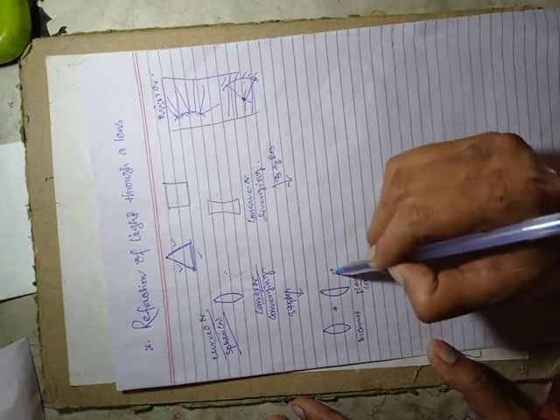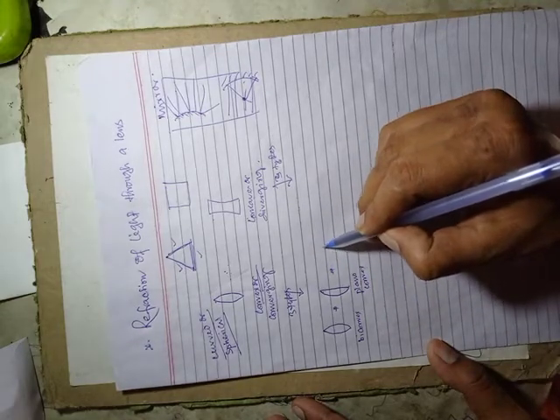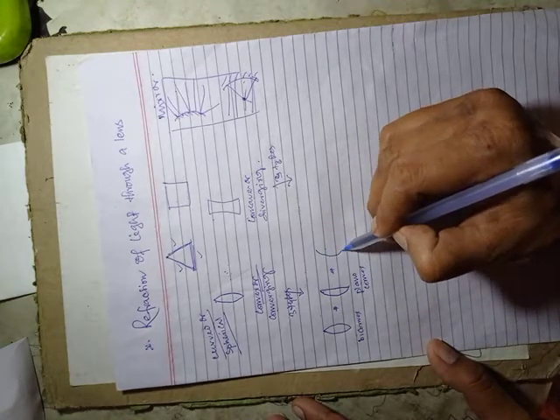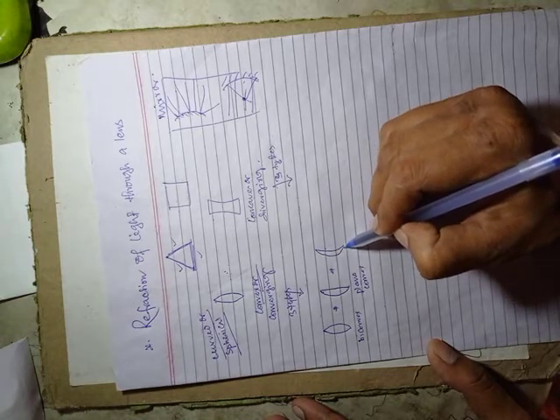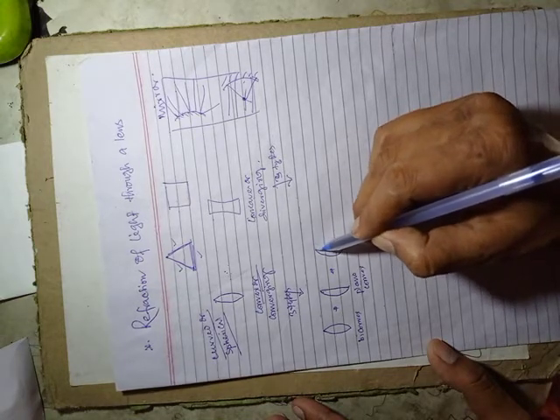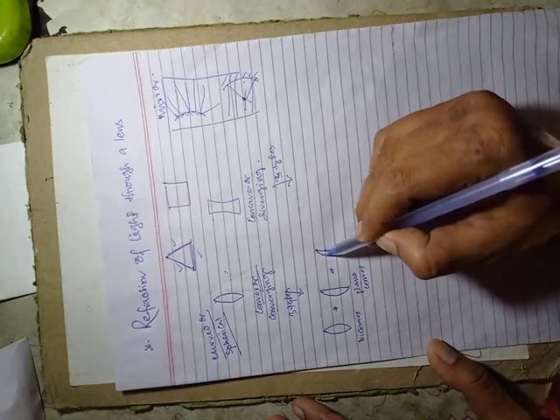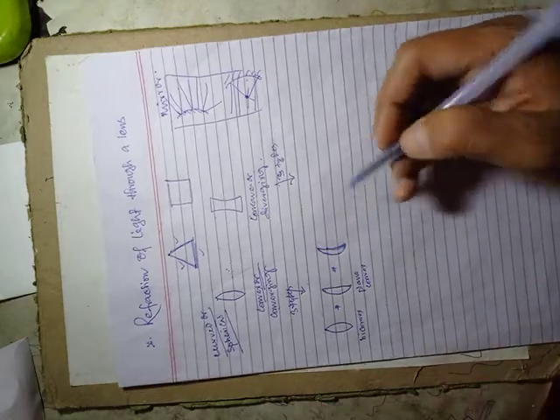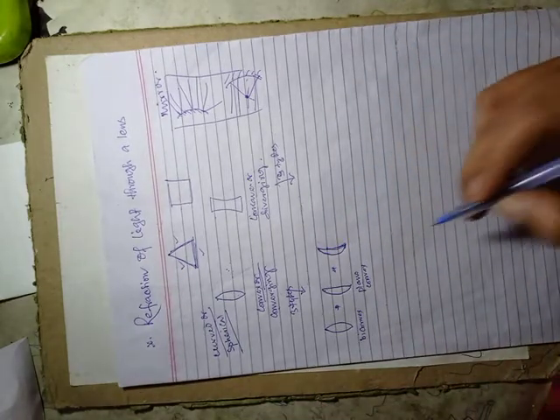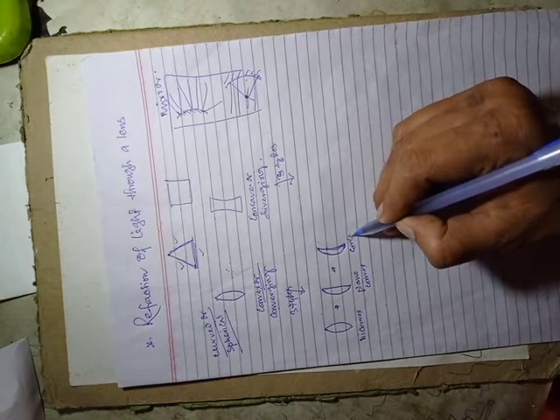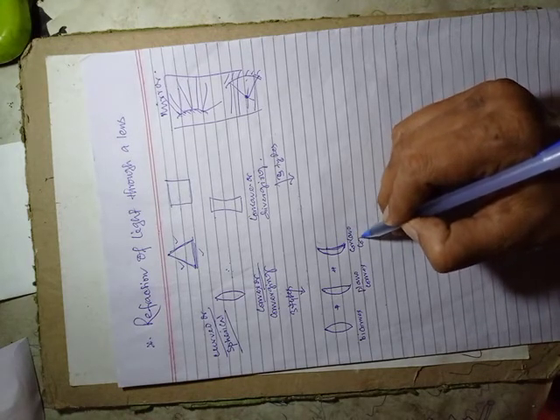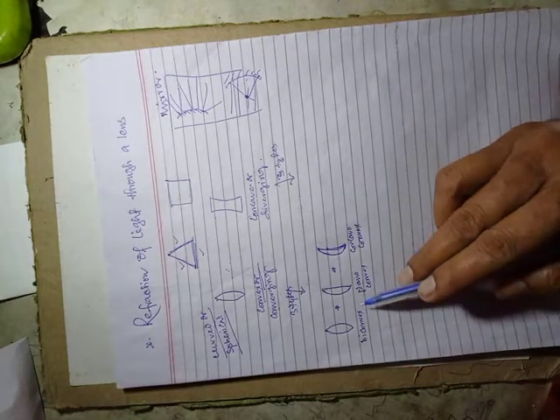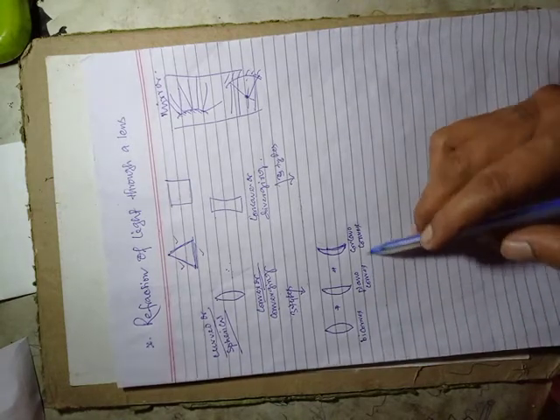And another one, this side is convex and this side concave. This is a part of concave, that's why the inner side, and this is the convex spherical side. That is called concavo-convex. So biconvex, plano-convex and concavo-convex, three types.